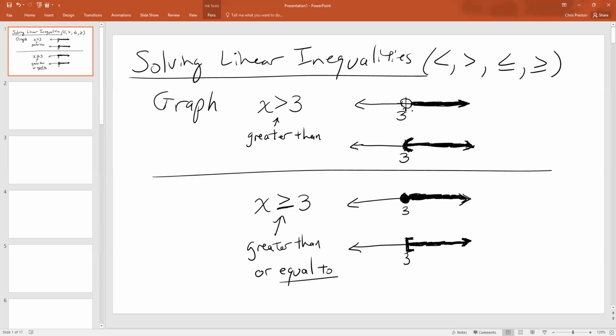So the open circle and the parenthesis mean the end is not included. Okay. And the solid dot and the bracket mean the end is included. Okay. So keep those straight.